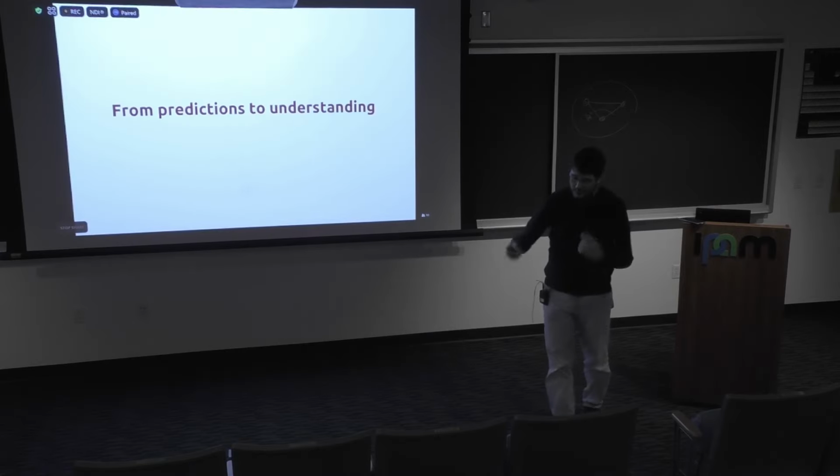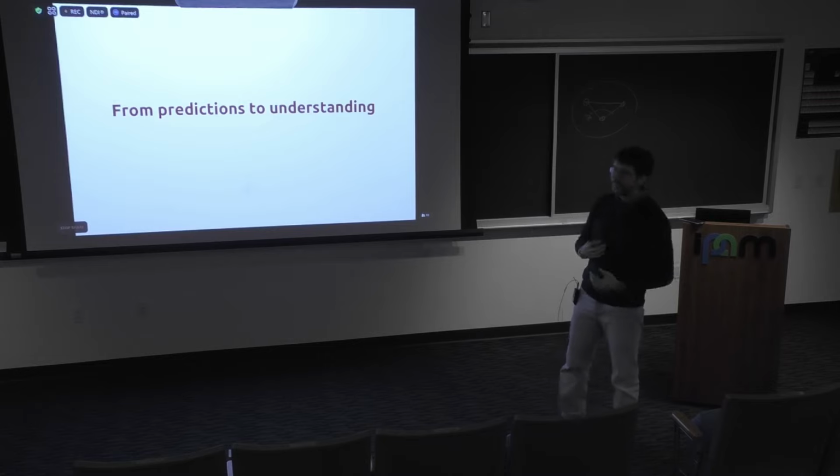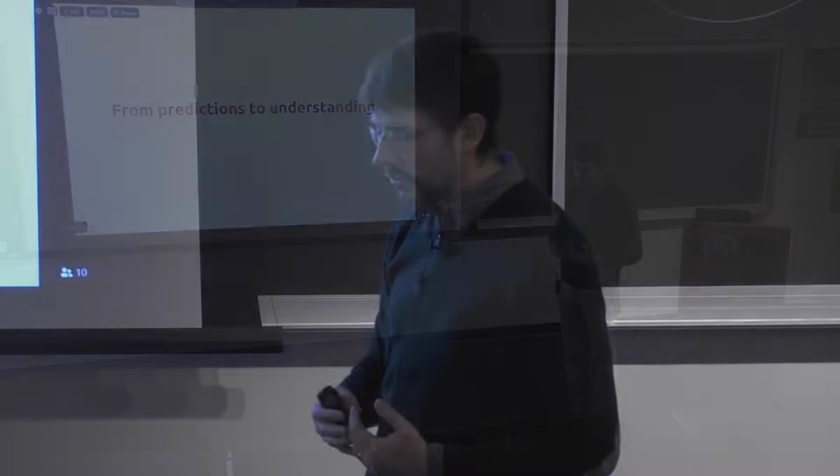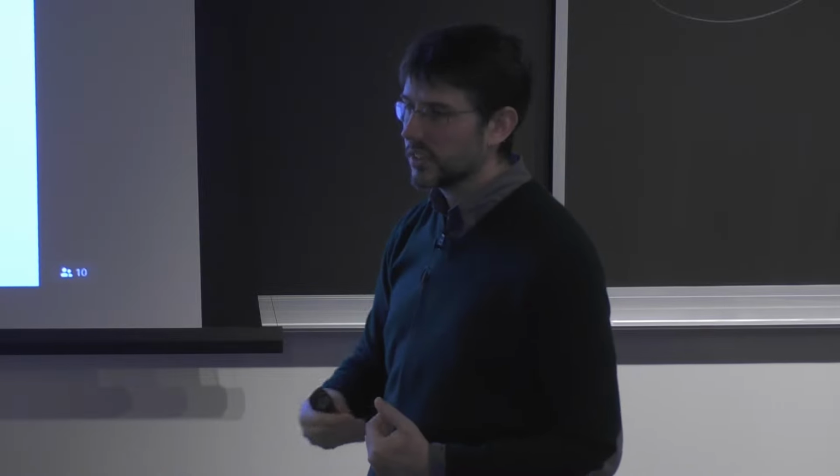So in this last part, I want to take yet another perspective on how you can incorporate explanations into this atomistic modeling. And this has more to do with visualization, post-processing, and analysis of data sets.